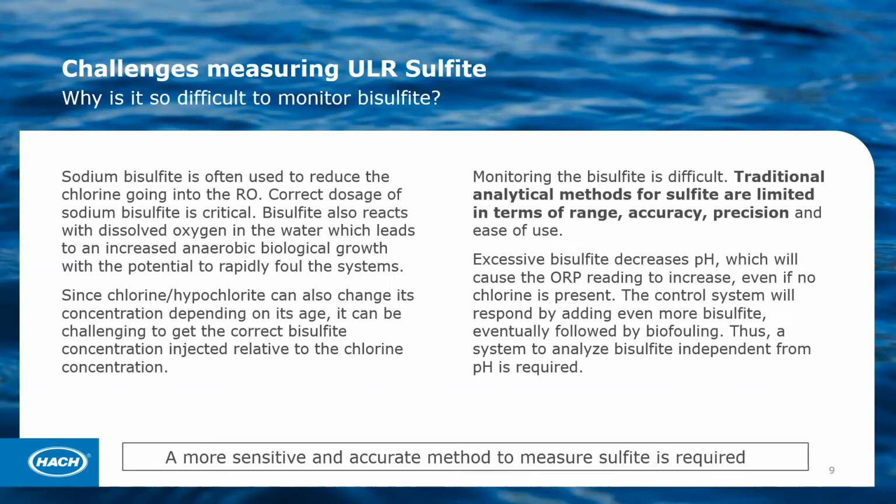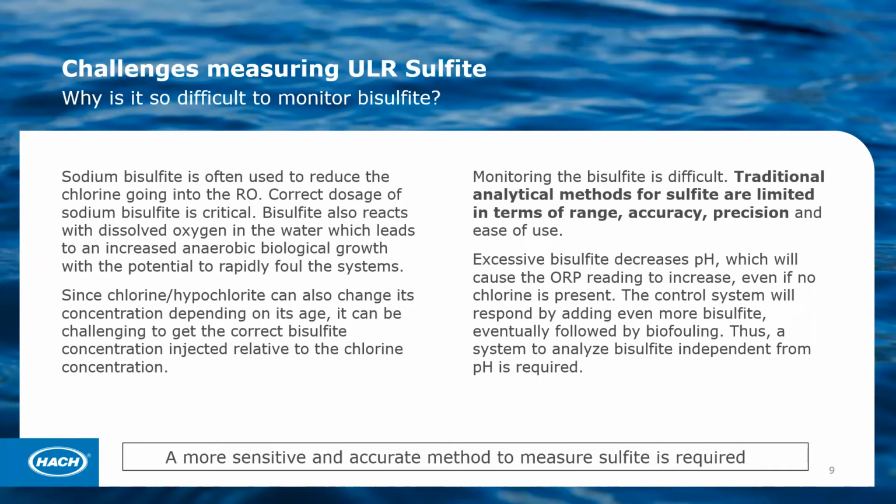Anytime we add a new chemical in our process, we need a means to control it, and we need to understand exactly how much we're adding, how much we're seeing come out at the end of our process, in order to control costs, in order to control downstream processes where you might need to remove that. And in the case of feeding sodium bisulfite for dechlorination purposes, it has historically been very difficult to measure sulfite with any sort of real true accuracy.